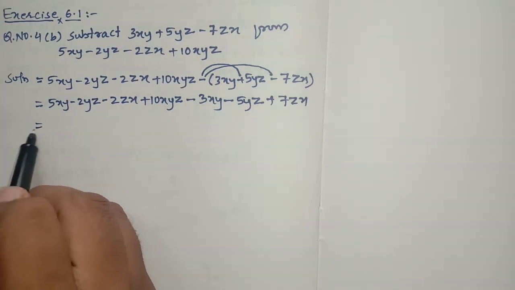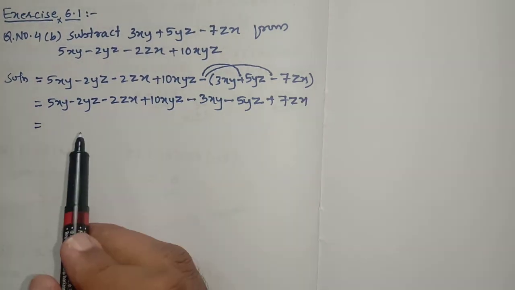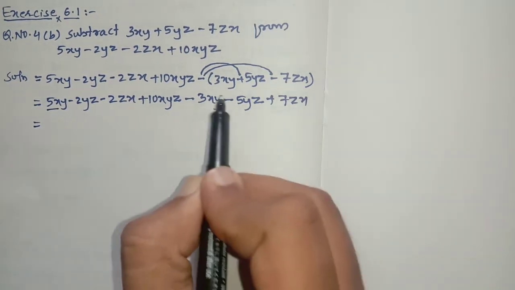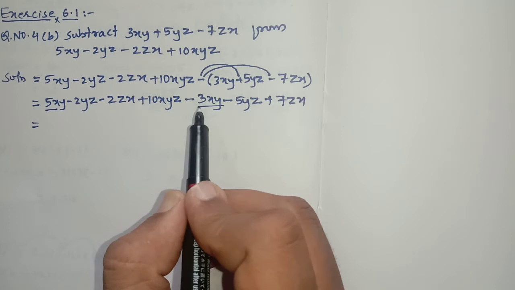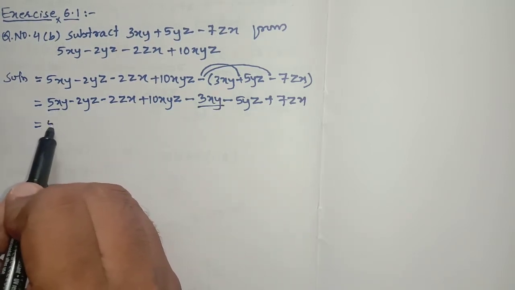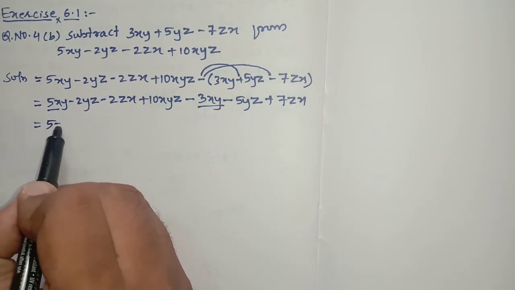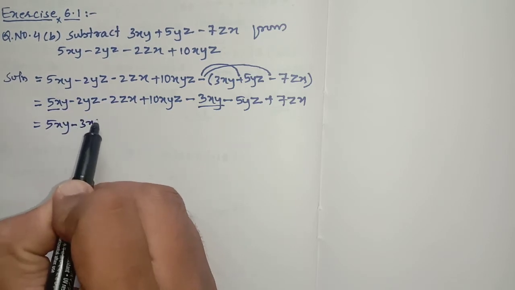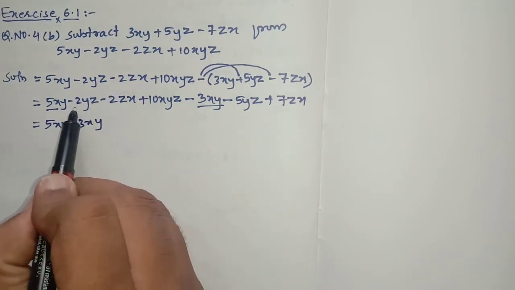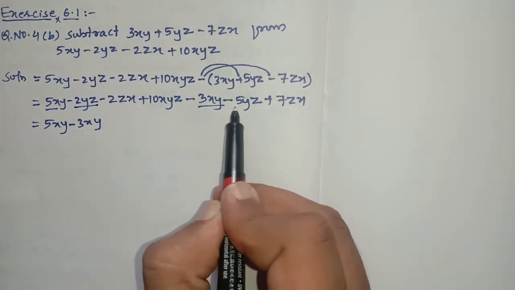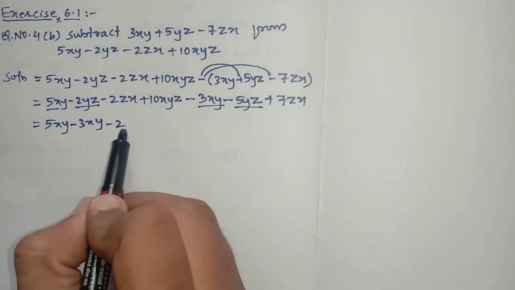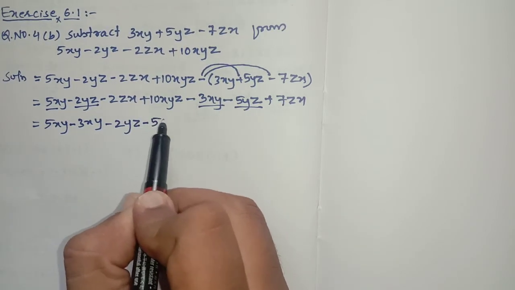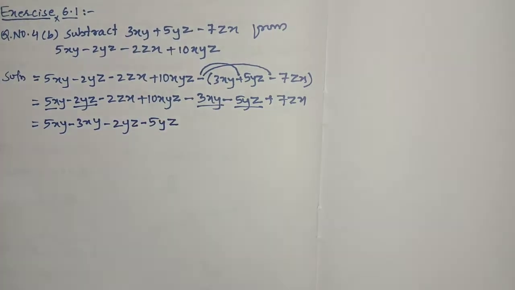Now let's rearrange the like terms. 5xy and minus 3xy are like terms. So I will rearrange on one place. 5xy minus 3xy. Then minus 2yz minus 5yz.